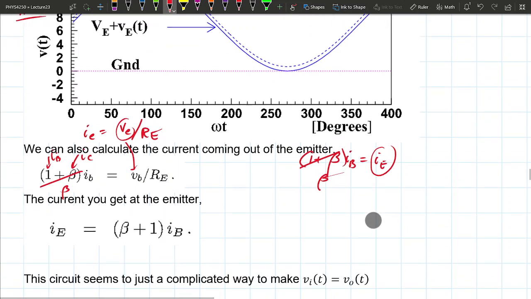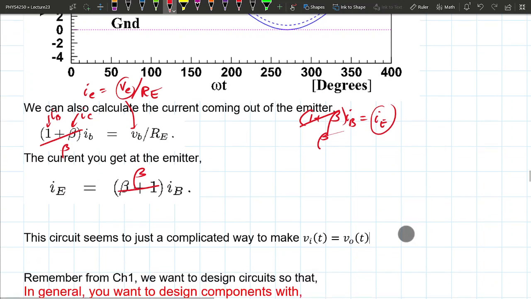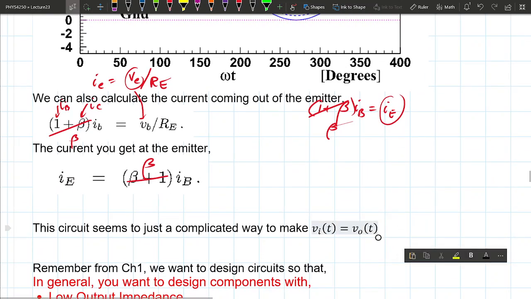And there's going to be a point to this. Unfortunately, the book always keeps this 1 plus beta thing. I'm just going to replace that 1 plus beta with beta. So basically your input and your output, the time-dependent part, are just going to be the same as each other.